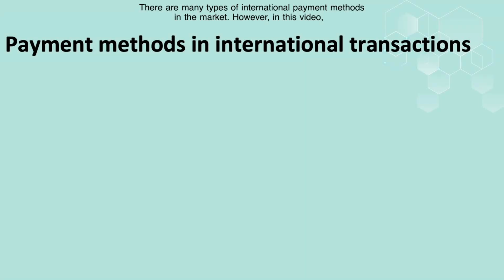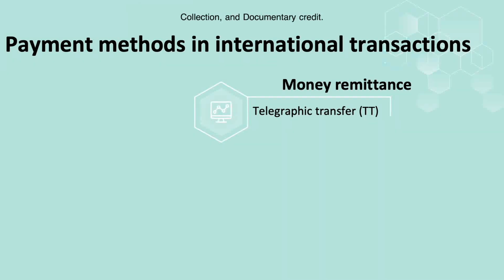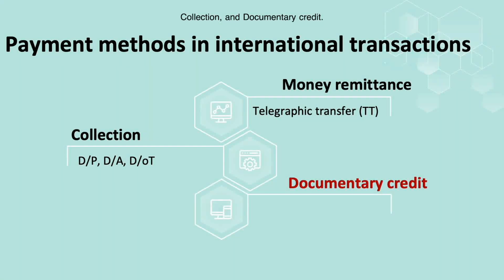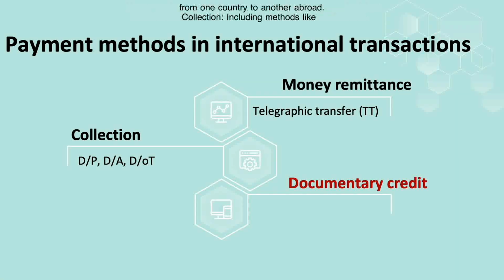There are many types of international payment methods in the market. However, in this video, only some popular payment methods are introduced, such as money remittance, which can be called wire transfer, collection, and documentary credit. Money remittance. This is an international payment method that directs the transfer of funds between individuals or entities from one country to another abroad.